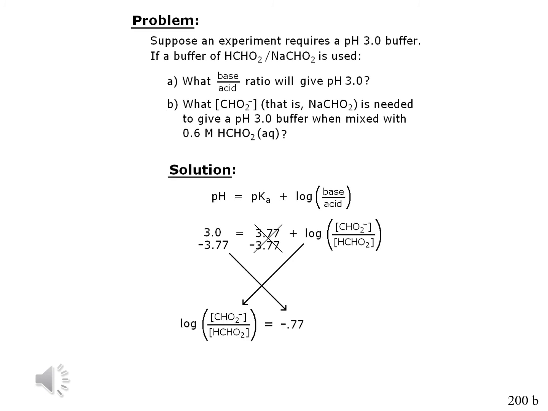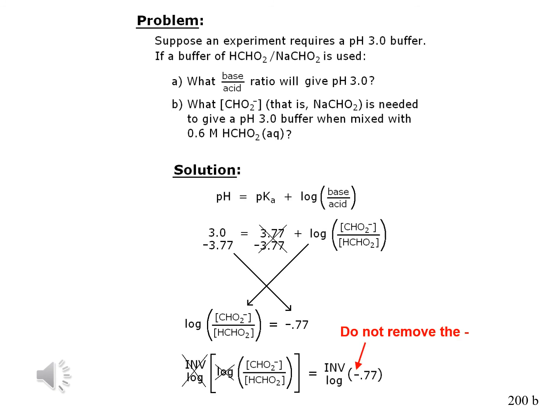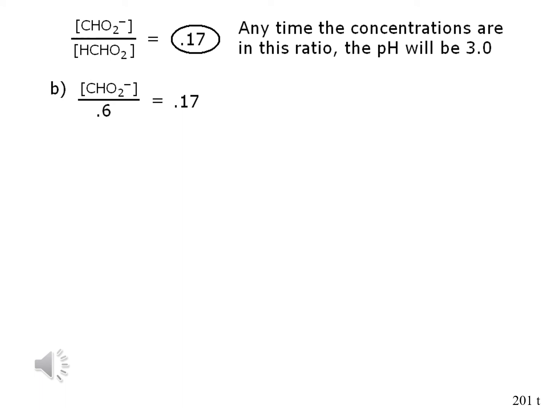This time when you subtract, you get a negative number on the right. This time when you take the inverse log of both sides, make sure that you leave the negative that's in front of the 0.77. If there's a positive there, leave it positive. If there's a negative, leave it negative, because you're solving an equation this time. And when you do this calculation, you get 0.17.